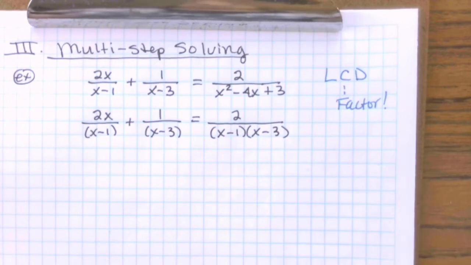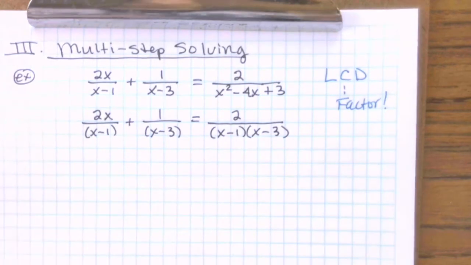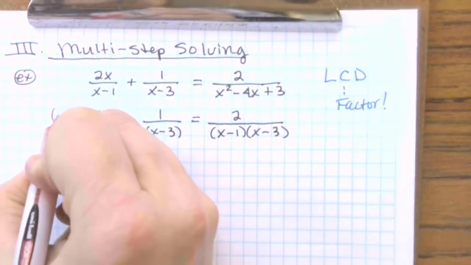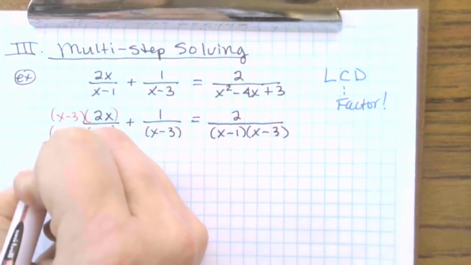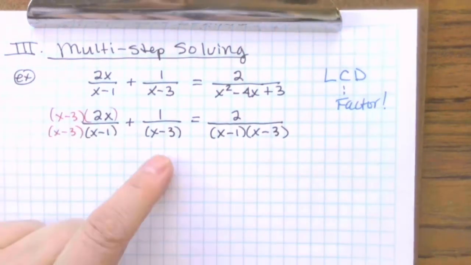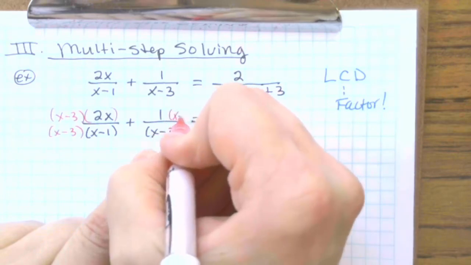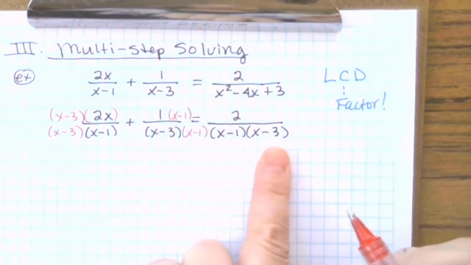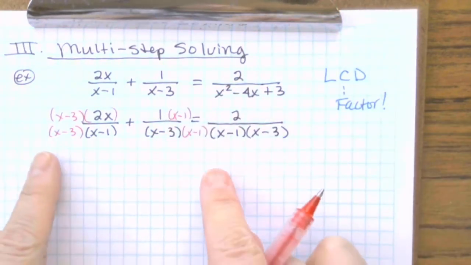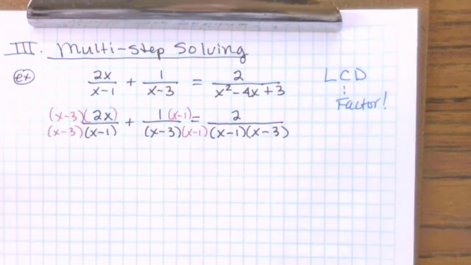So we're going to multiply each of these by the factors they're missing until the bottoms match. So this first one is missing an x minus 3. The middle one is missing an x minus 1. The right-hand one already has both. So now all three of these match.